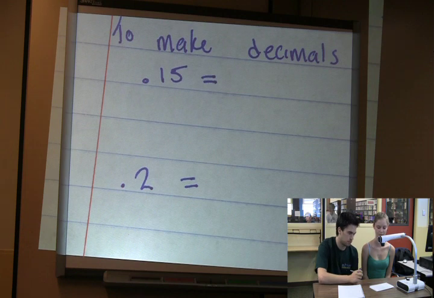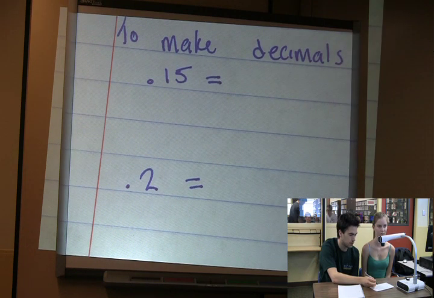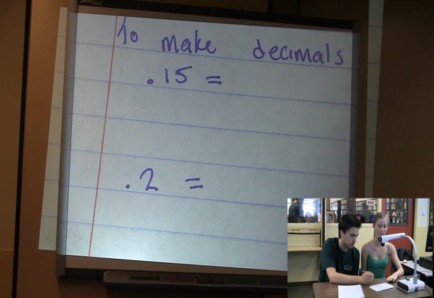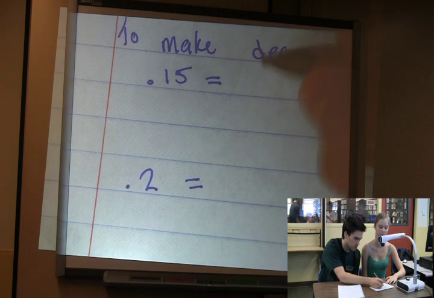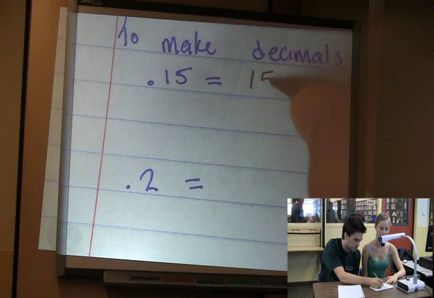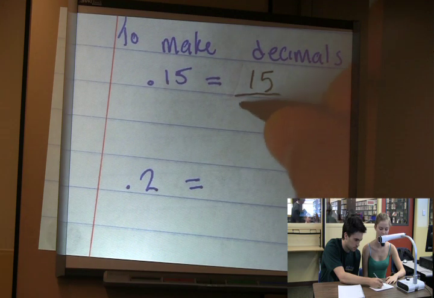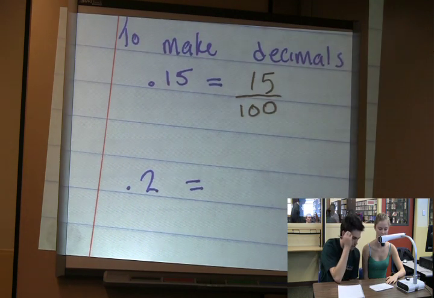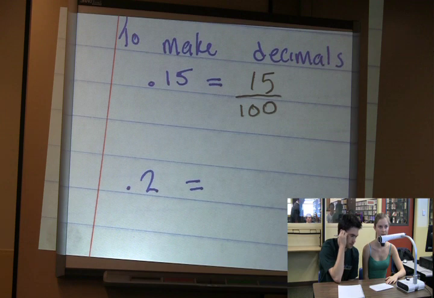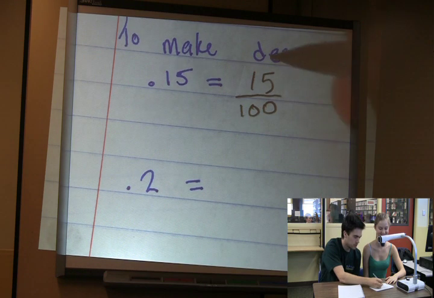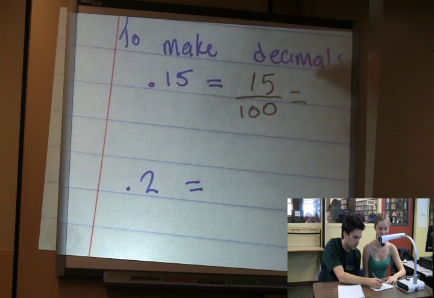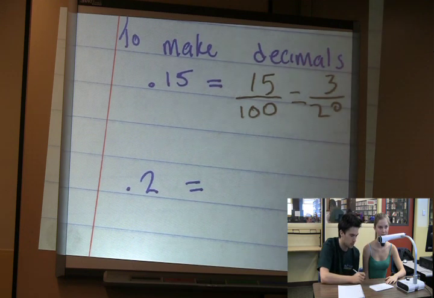Okay, so 0.15 goes 2 places after the decimal place, so we're going to divide by 100, which equals 15 over 100. And then you would simplify the fraction. We could simplify, yeah, because both have 5, so we could reduce it both by 5, so we get 3 over 20. Perfect.